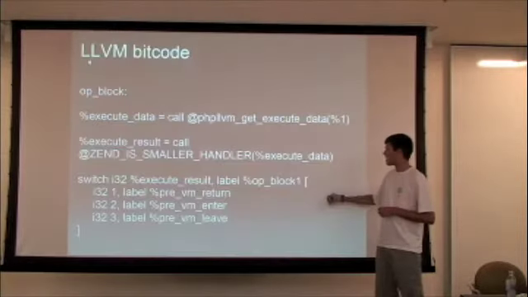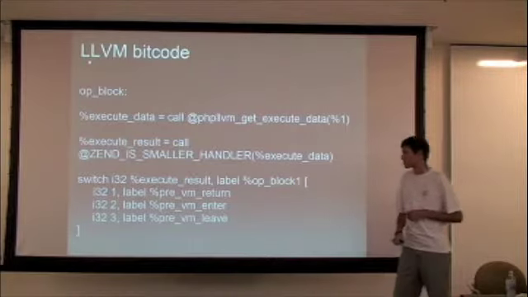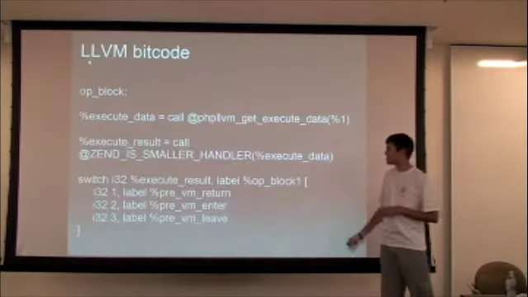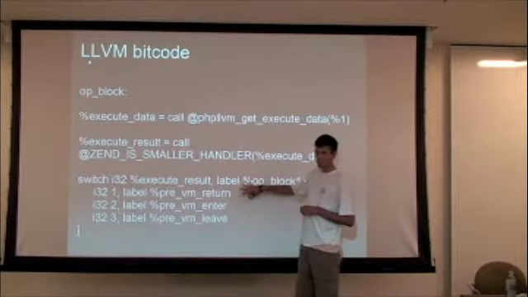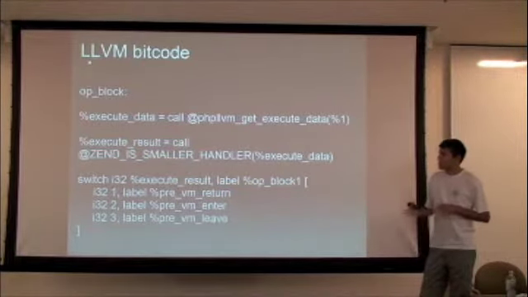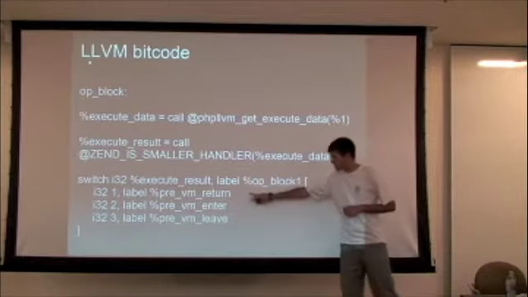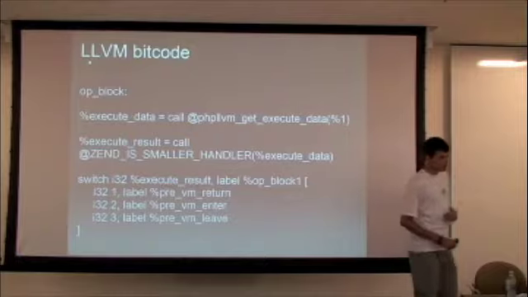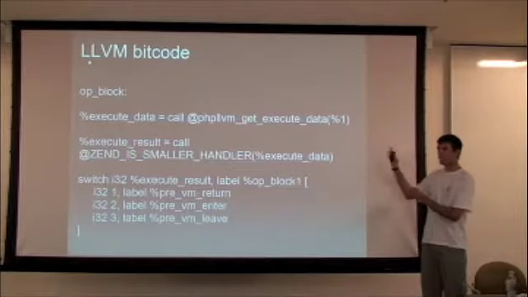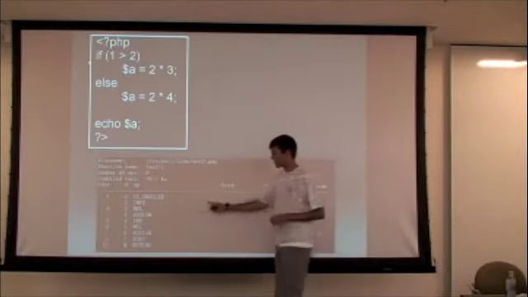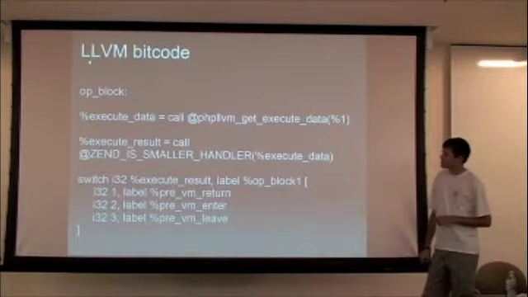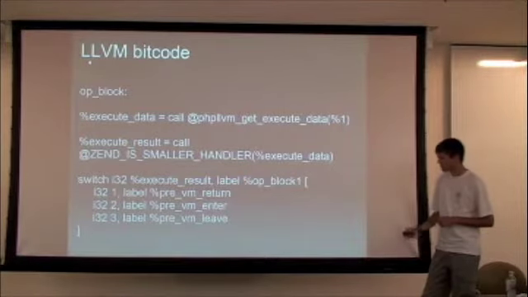These operands are in this structure. Then we do the switch that's here, but this will be removed by LLVM optimization because is-smaller never returns this value. So this will be removed automatically by LLVM. This is the compilation of this bytecode: is-smaller gets translated to these 3 lines, which is kind of nice.